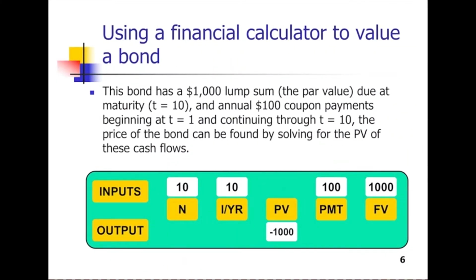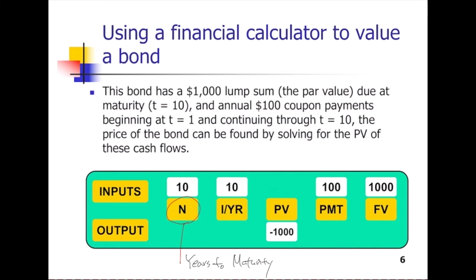We already learned to convert between future value and present value and annuity using the financial calculator. A different part is the PV, PMT, and FV. N means the years to maturity.